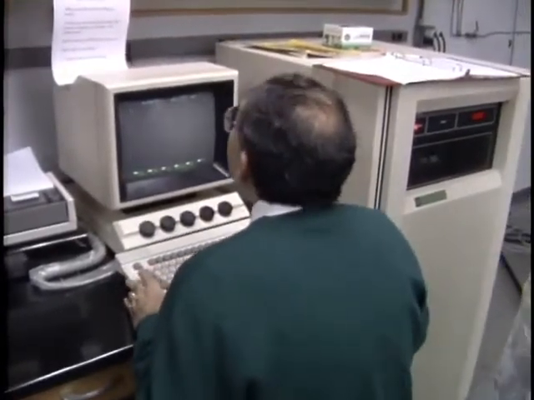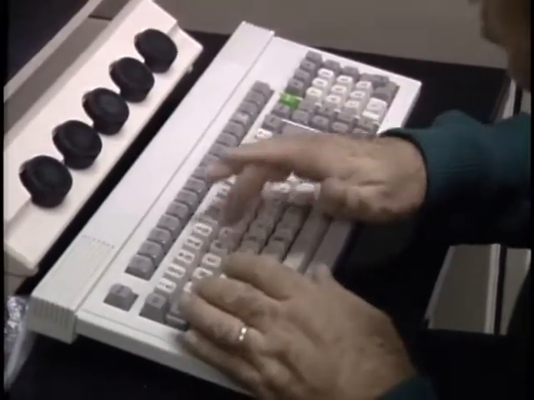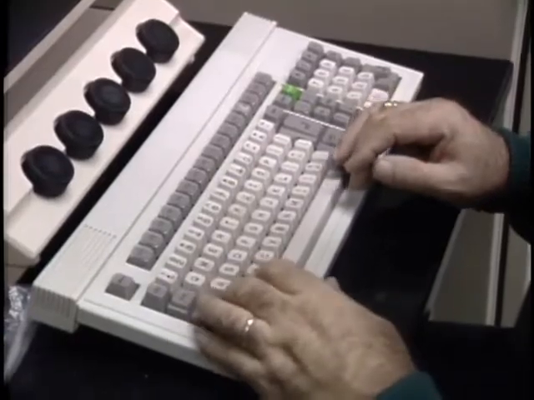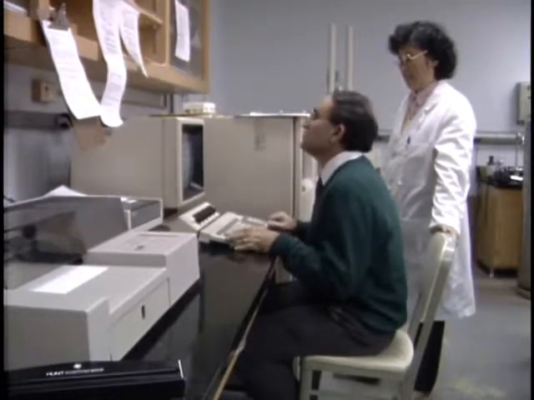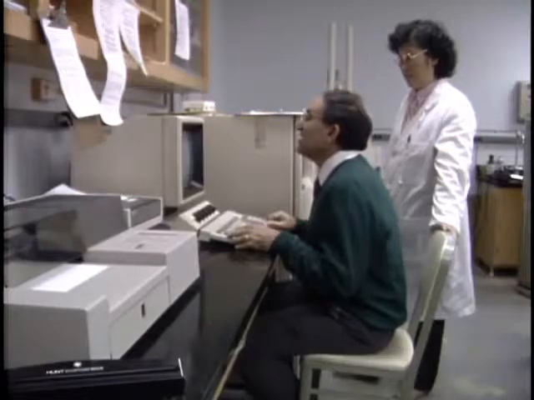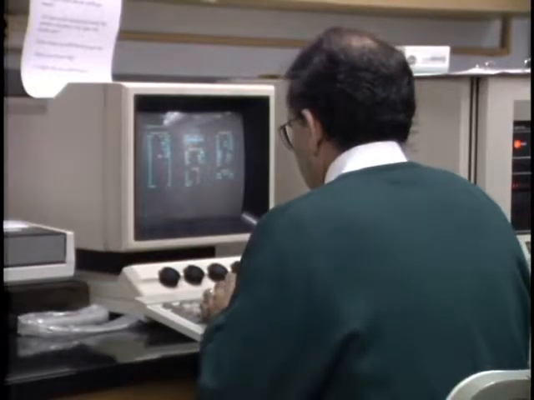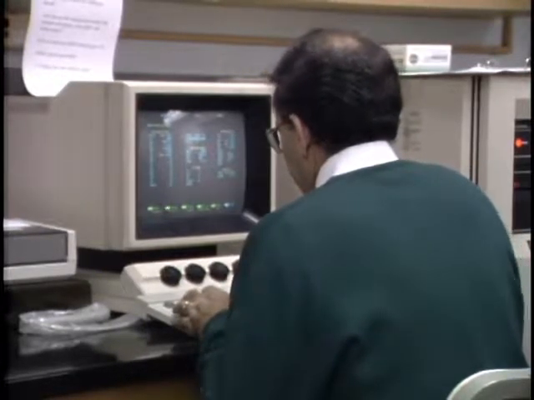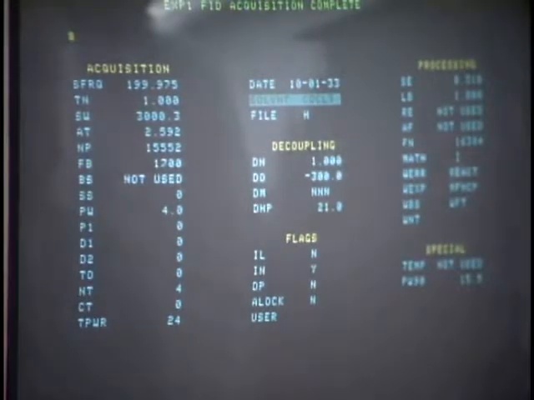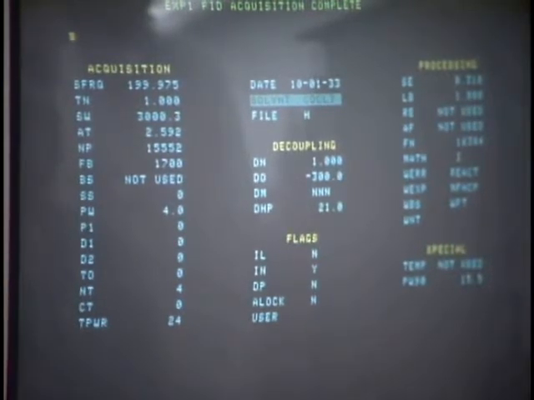Let's go ahead. We'll have DMSO. Is that DMSO? Yeah. Any product in it?